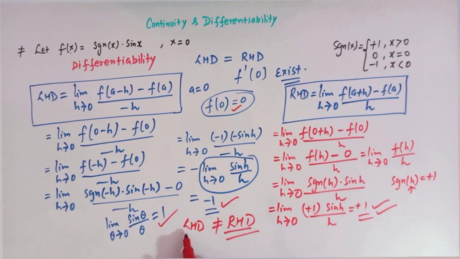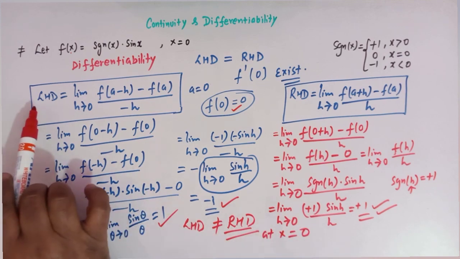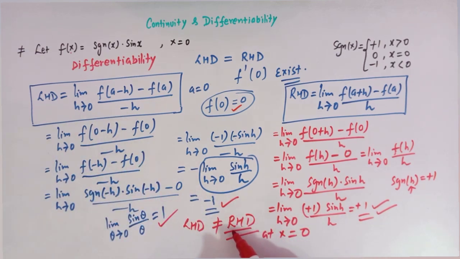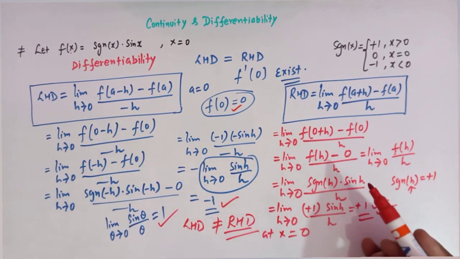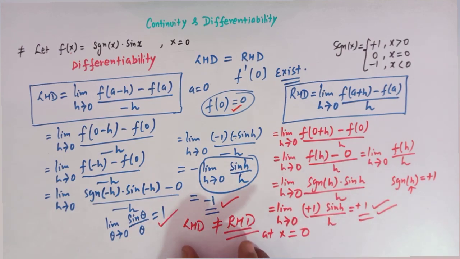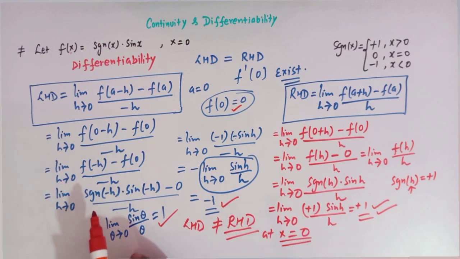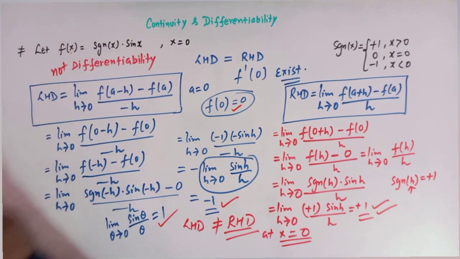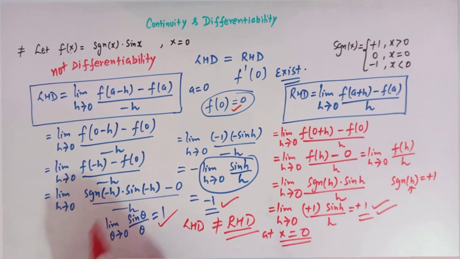Although the left hand derivative exists and is finite, and similarly the right hand derivative exists and is finite, both derivatives are not equal to each other at x equal to 0. So we can safely claim that this function is not differentiable at x equal to 0.